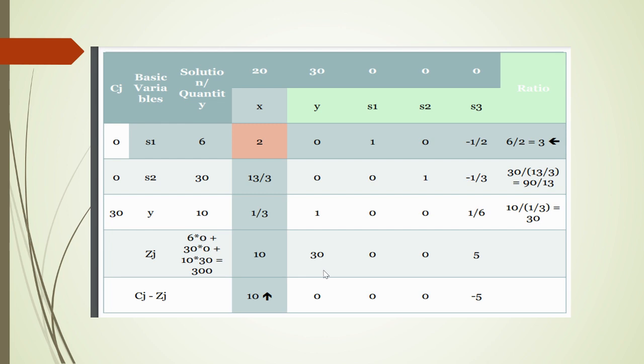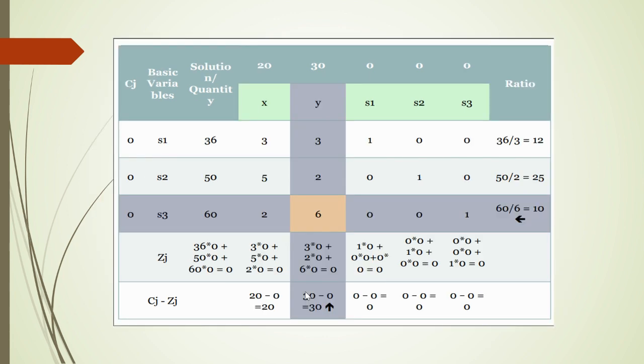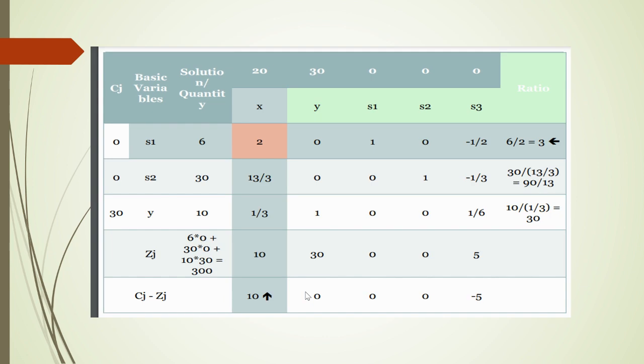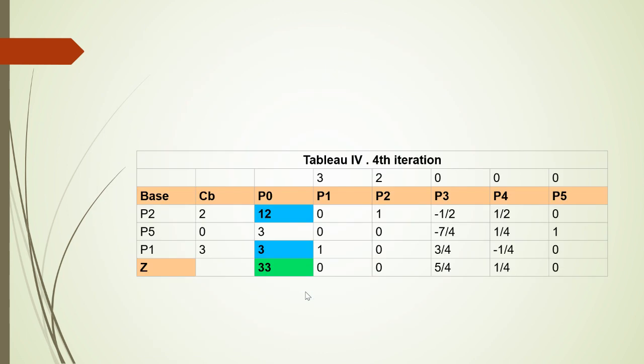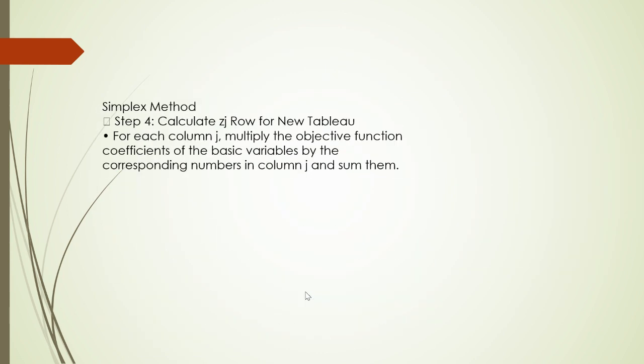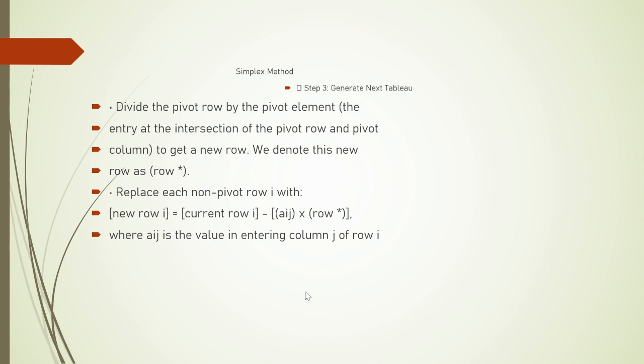This is the row we got by dividing the pivot row by the pivot element, and the other two rows will be calculated using the formula we have discussed here. This is the formula we use to compute the other two rows.